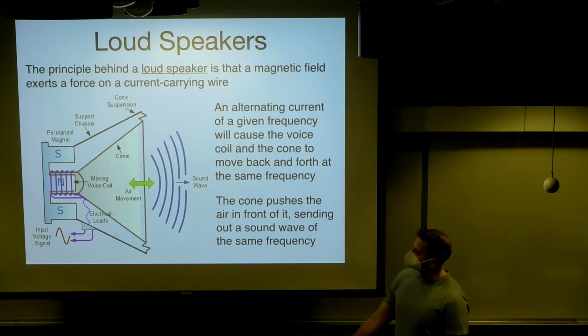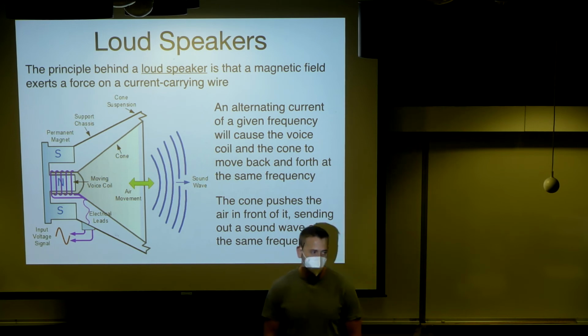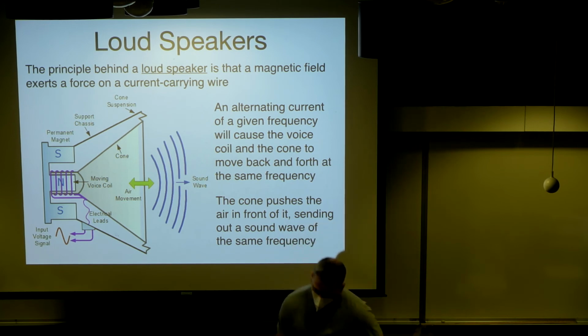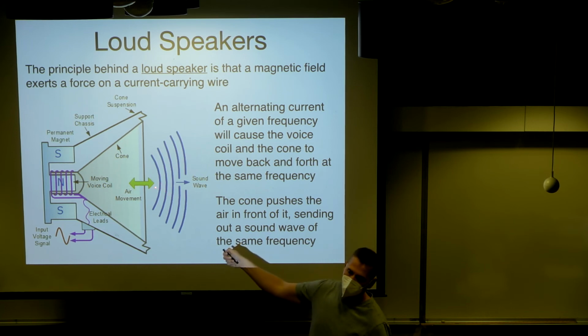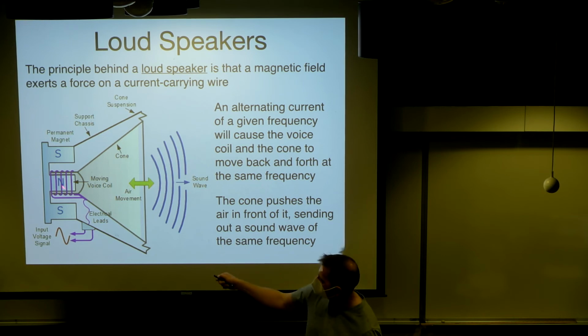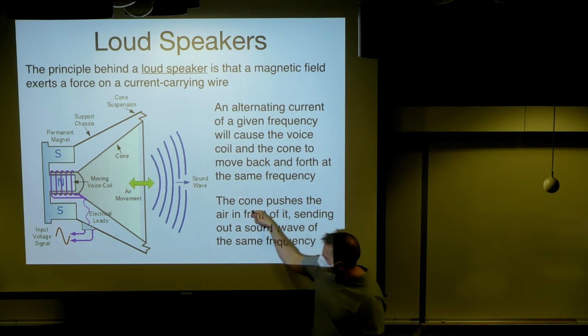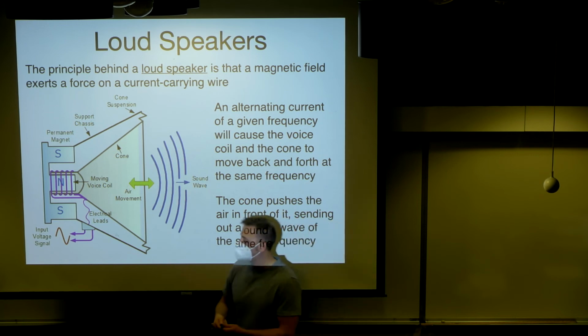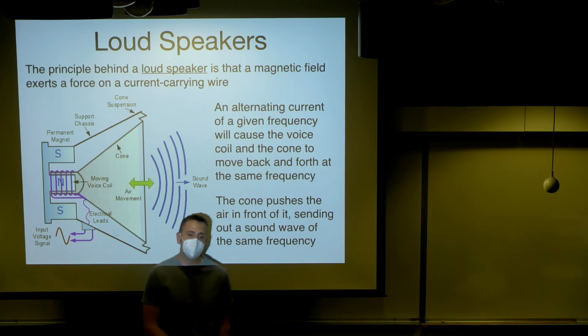Yeah, that's a great insight. We're going to talk about that later, but essentially, let me talk a little bit about that. This is a bit oversimplified, but essentially a microphone is just this process run in reverse, okay? So instead of current coming in, creating motion in this cone and sending a sound wave out, you have a sound wave coming in, creating motion in the cone, and then inducing current to start flowing.